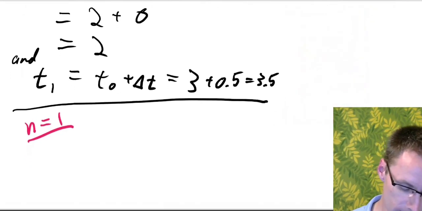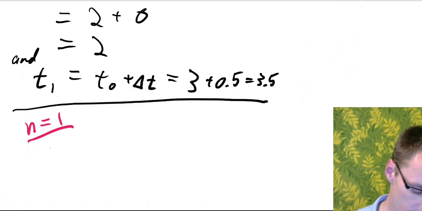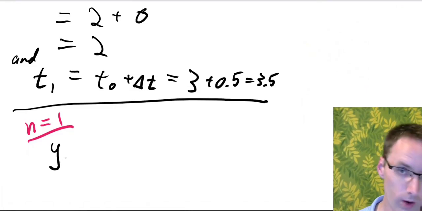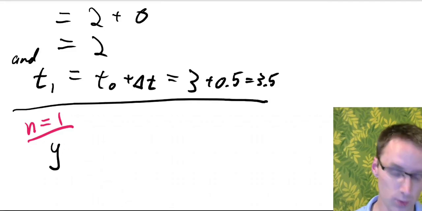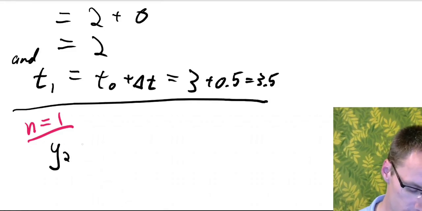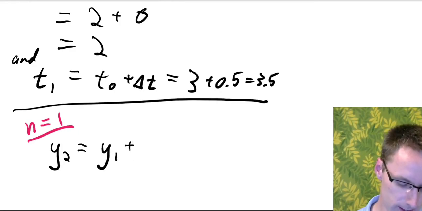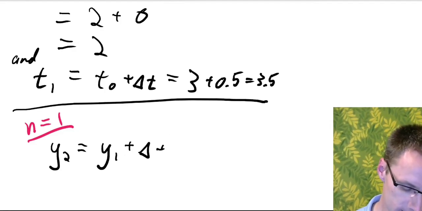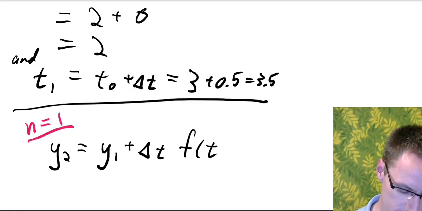So when n is equal to 1, we have y at 1 plus 1 down here, because it's n plus 1. n is 1, so 1 plus 1 will be 2. And then on the right-hand side, we just follow Euler's method again. It's y1, this is y_n, plus delta t times f at t1, y1.